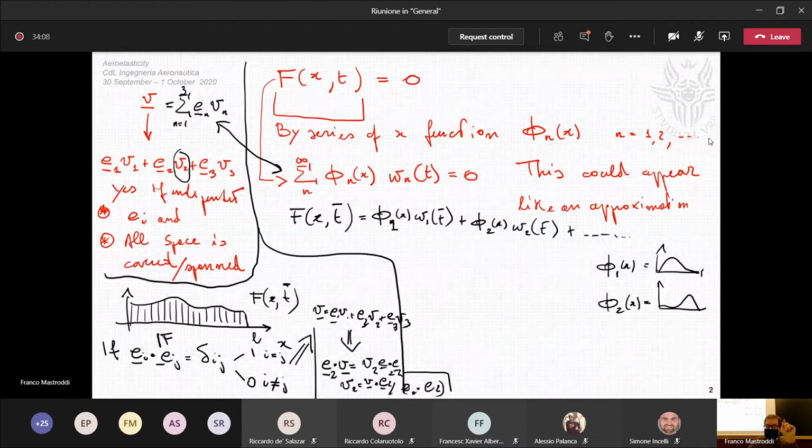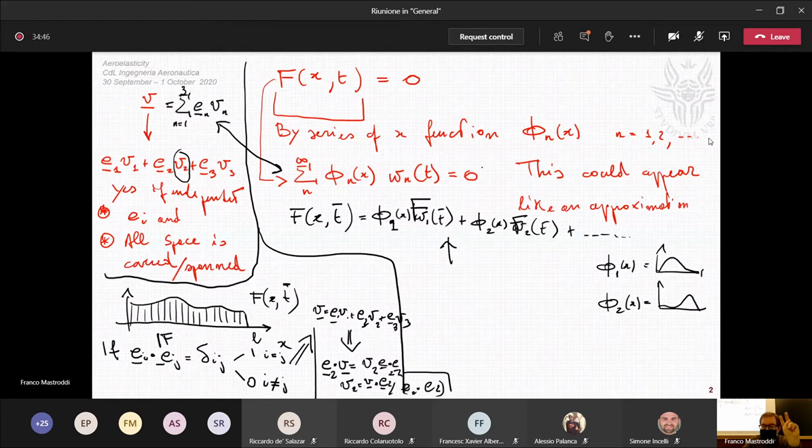Now, look what happens here. If you have independent functions, excuse me, let me write. I made a little mistake. This f is our differential equation, and the components are f1, f2, and so on.